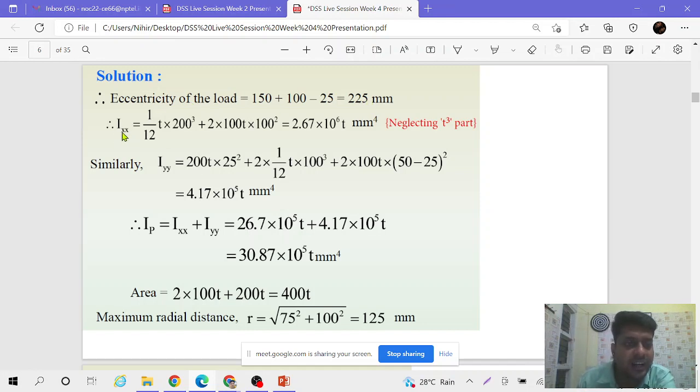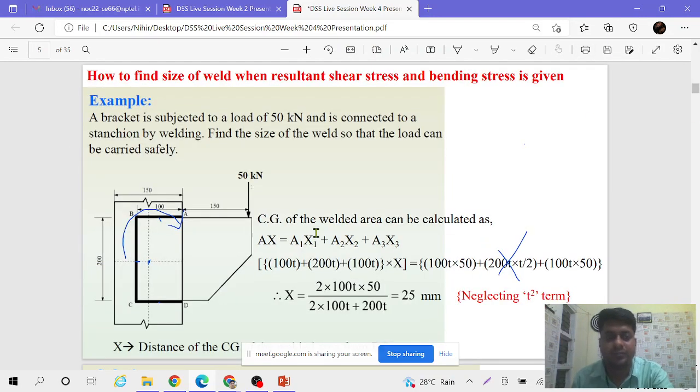Now sir has calculated moment of inertia about x-axis. First of all, for this rectangle, moment of inertia has been calculated, that is BD cube upon 12, means moment of inertia about its own center of gravity.